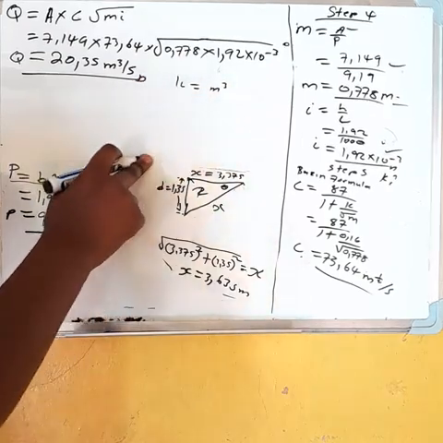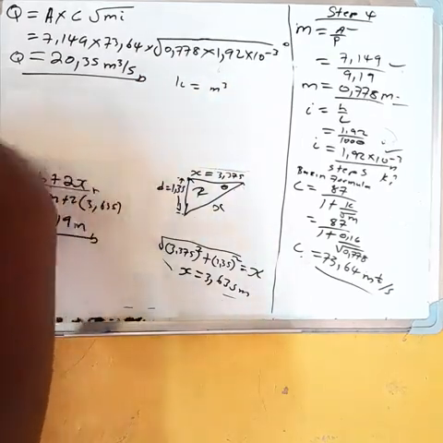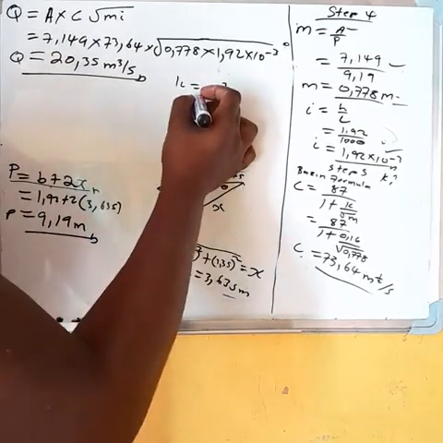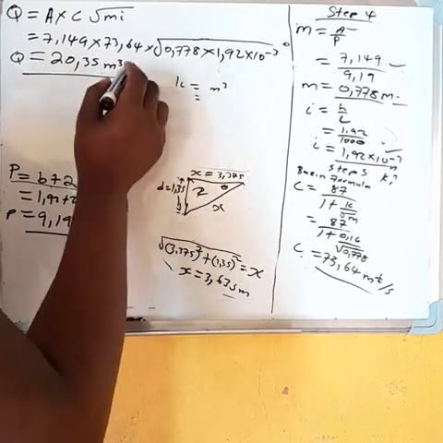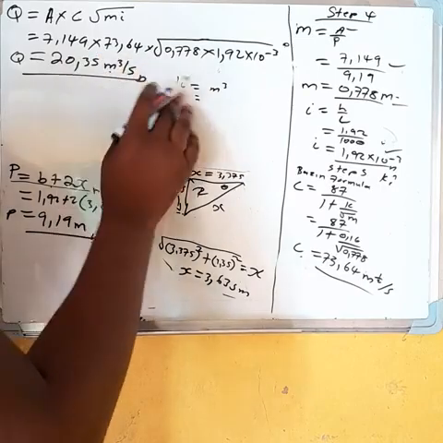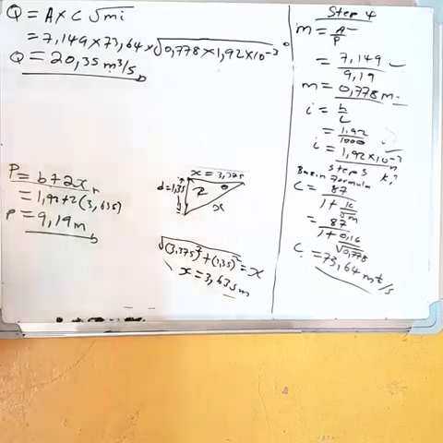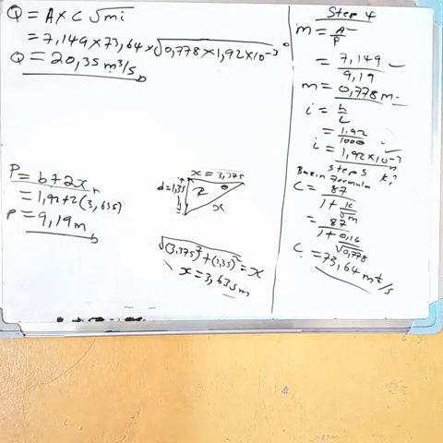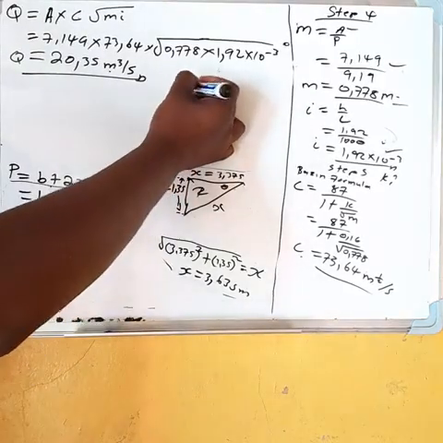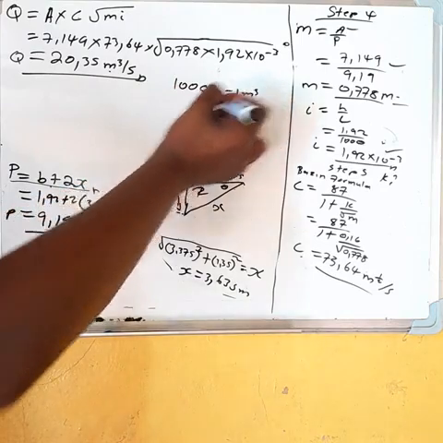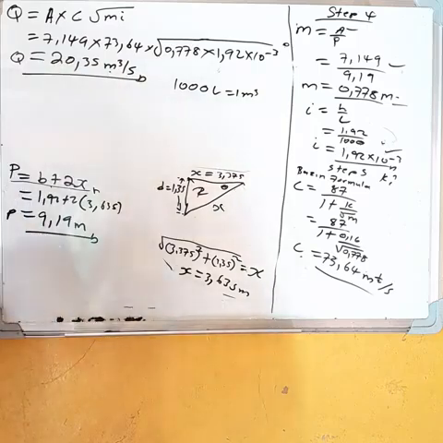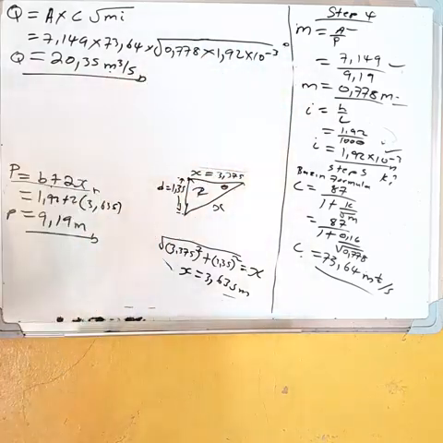If you want this in liters, you use a proportion. 1,000 liters is equal to what? 1 cubic meter.